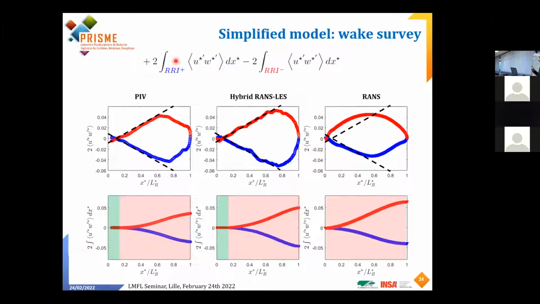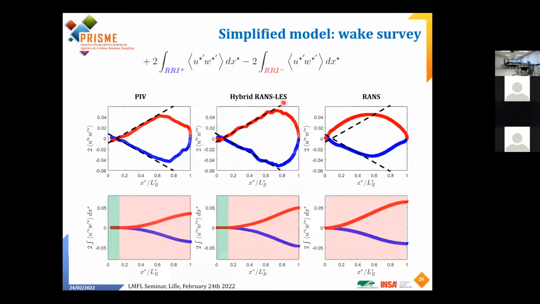Let's continue on the last term, which was coming from the Reynolds shear stress. Here I'm representing the evolution of the Reynolds shear stress along the upper interface, along the lower interface. So for the experiments, the simulation, let's say the DDES simulation and the Reynolds simulation.